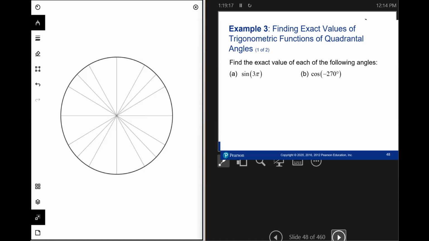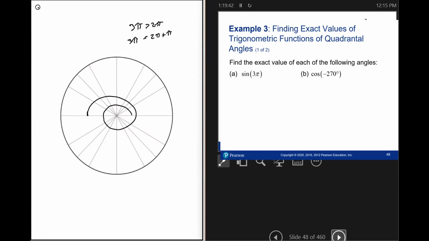Okay, so 3 pi, which is greater than 2 pi. So that means I went around the circle once. So if I add pi to 2 pi, that will give me the 3 pi.